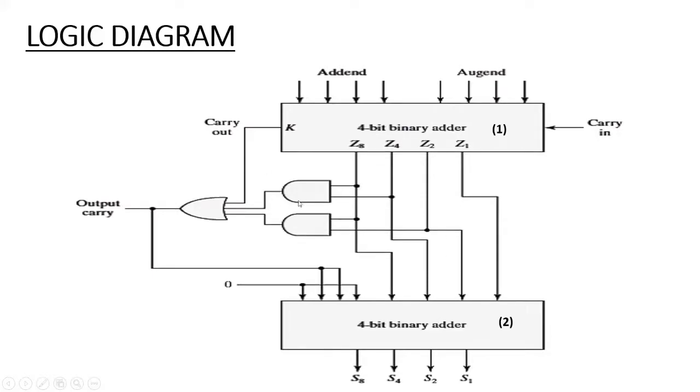This circuit will give the value 6 when the sum from the first adder is greater than 9. So when the value is greater than 9, 6 is added and the output is given at S4, S3, S2, S1 of the second binary adder circuit. If the value is not greater than 9, then 0 is added, which makes no difference.